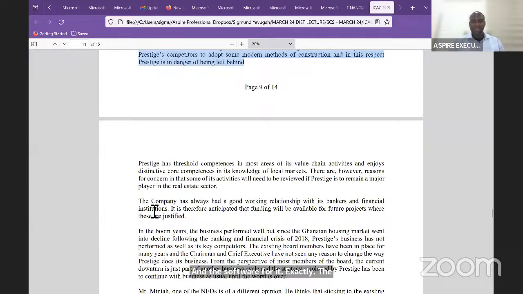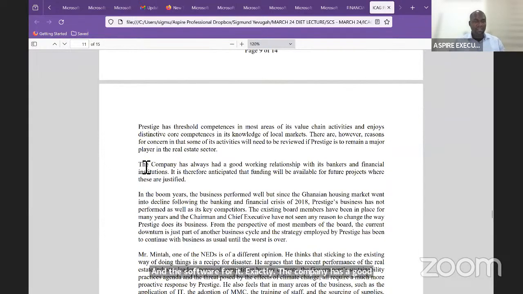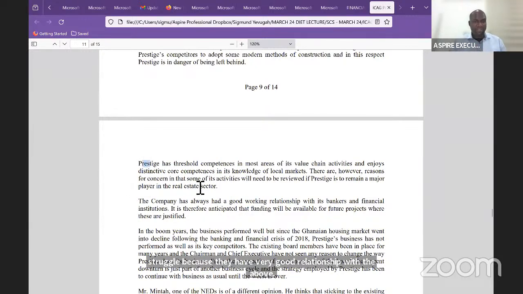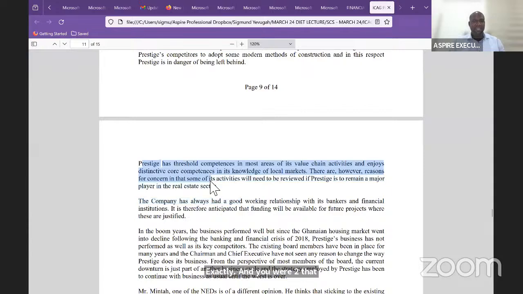The company has a good relationship with their banks, so take note of that. So in terms of obtaining financing, they may not really struggle because they have a very good relationship with their bank. Exactly. And you were told that Prestige has threshold competence in most of its areas in the value chain. I told you, you have to do the value chain analysis. You have to analyze the value chain.